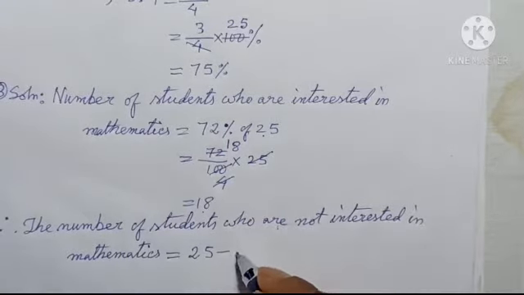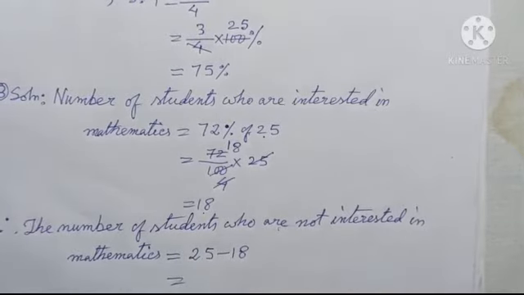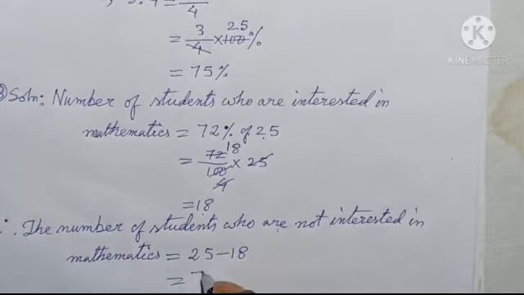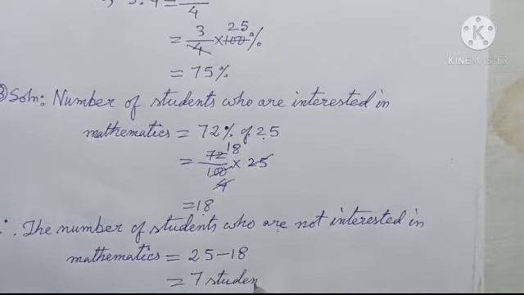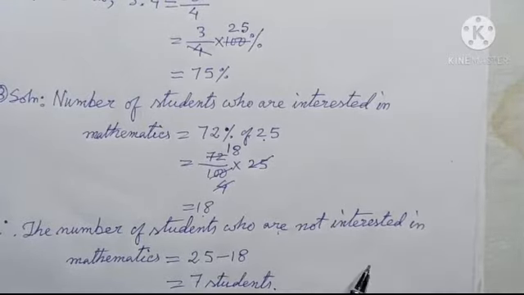So we have to subtract 18. 25 minus 18 is 7. So 7 students are not interested in mathematics. Here the question is over.